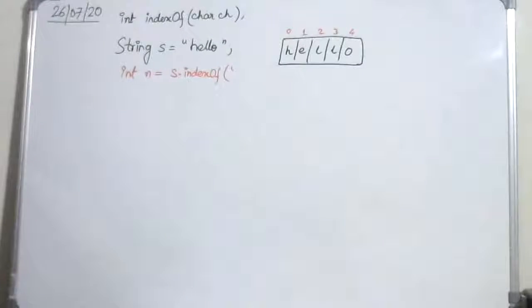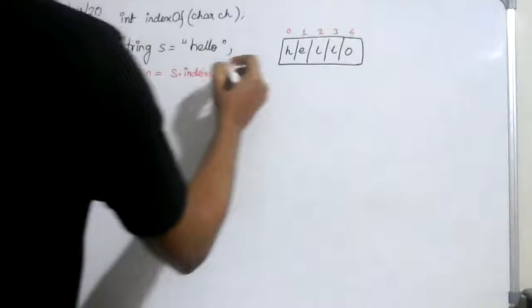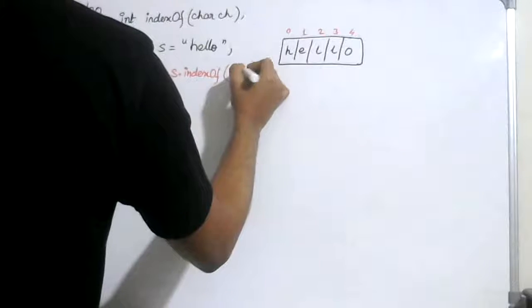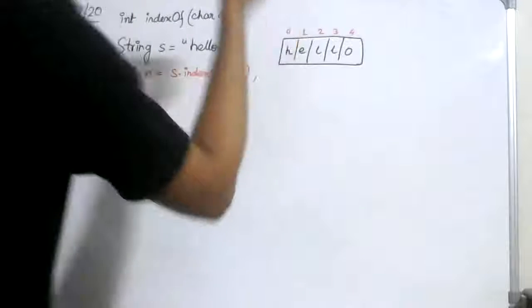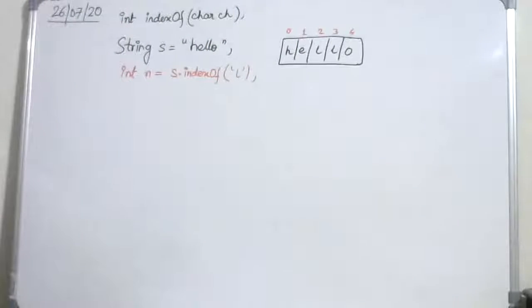Let's say I want to find the position value of L. So I pass it as an argument to indexOf. Now what will this return?